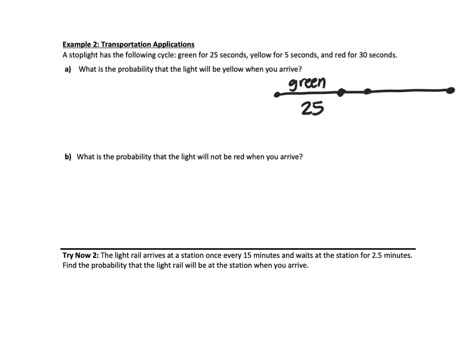Then it's yellow for a little bit, 5 seconds yellow, and then it's red for 30 seconds. So the full cycle of the light is just going to be the sum of those values. So take 25 plus 5 plus 30, and that is 60 seconds.